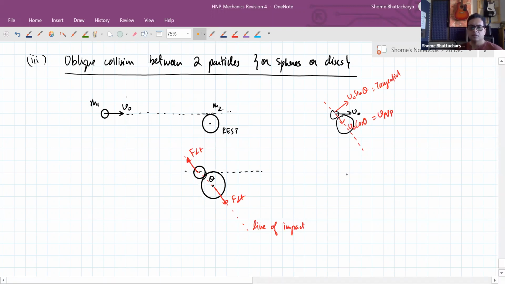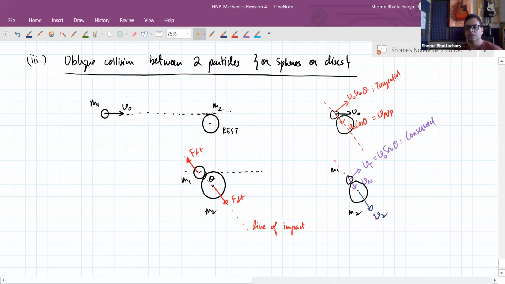So after impact, what will happen is that this body M1 will have a tangential component which will remain conserved. This will be v naught sine theta. This will be conserved. Okay. Whereas it will have a component along this direction, which is, let's say, the normal component. And this other body will have a velocity v2, which is along this line of impact.